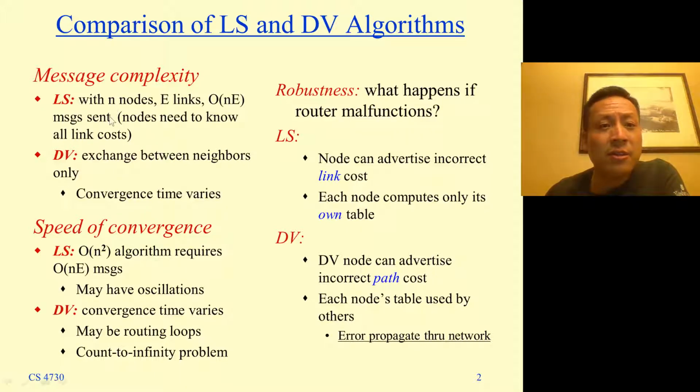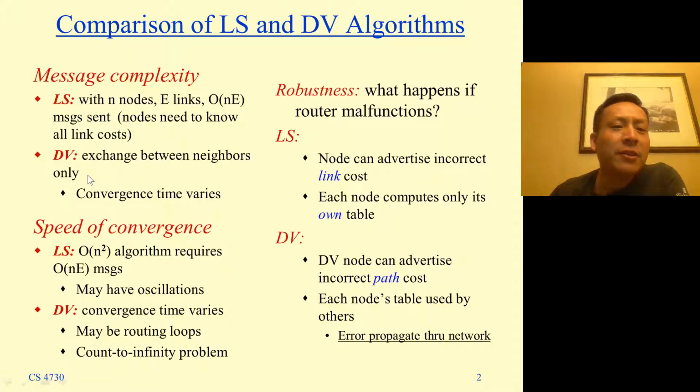For the link state algorithm, remember that each node needs to do flooding. It needs to send to all the nodes inside the network information about its neighbors and its cost to its neighbors. So it's small information sent to a lot of nodes, and the number of messages could be quite large, specifically approximately big O of N times E messages have to be sent.